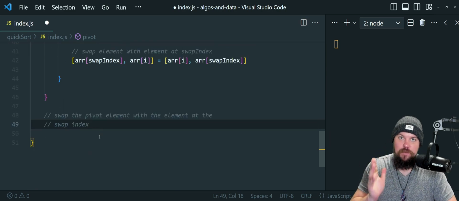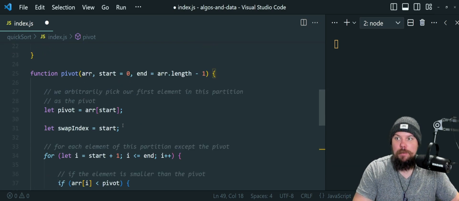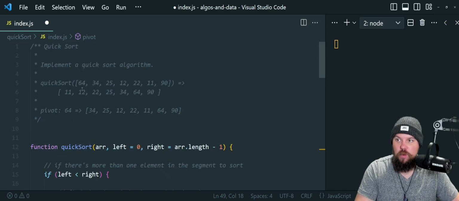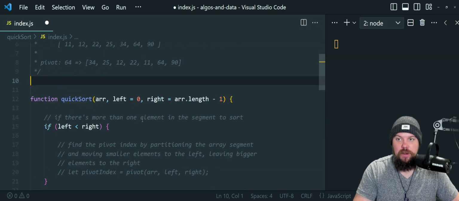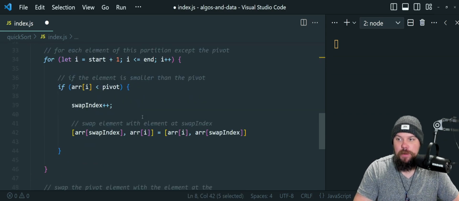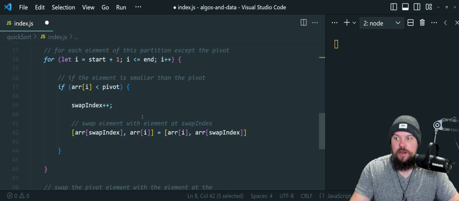That way, we have our boundaries set. That 64 pivot, we know its new position. Remember, that was when I said that we had to track where it went to. It went from the 0th position to 0, 1, 2, 3, 4, 5, right? So 5, not 6. It went to the 5th index position, and that's what we're tracking here, and that's what we're moving 64 to, to make sure that our boundaries around 64, those two partitions, are now set.